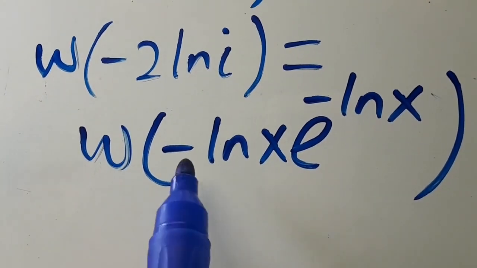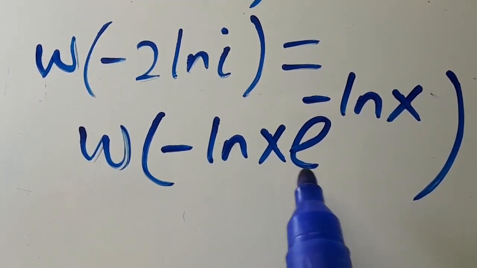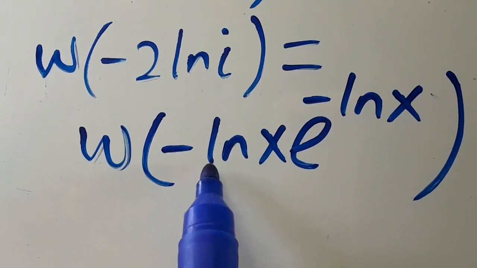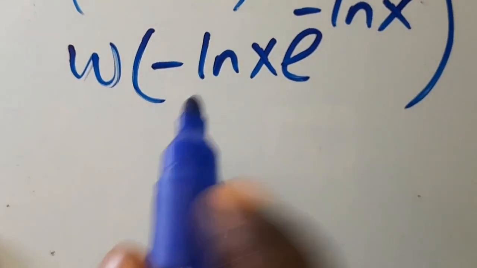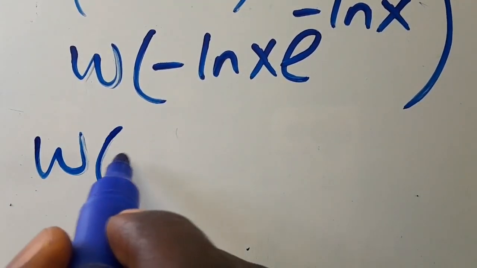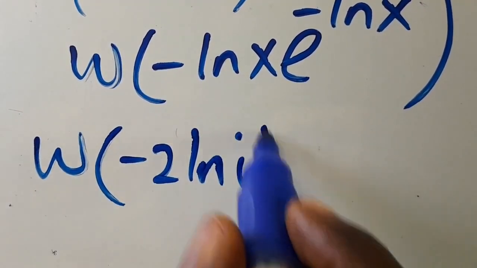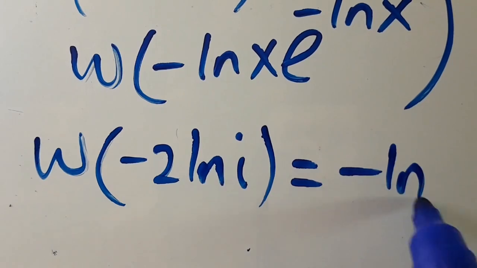Now from here, merely looking at this right hand side, you can see that the power and the base are the same, so the output will be either of the one. So we are going to have the Lambert W function of minus 2 ln of i equals minus ln of x.